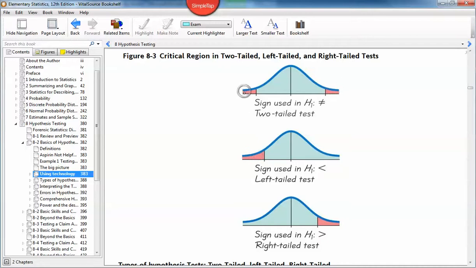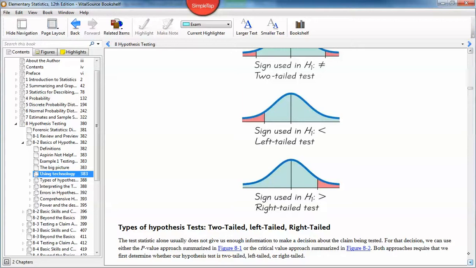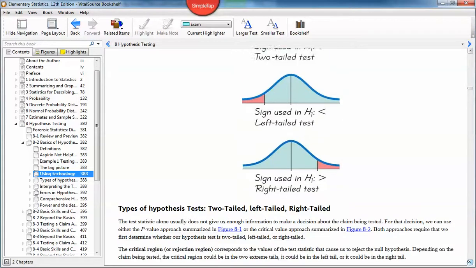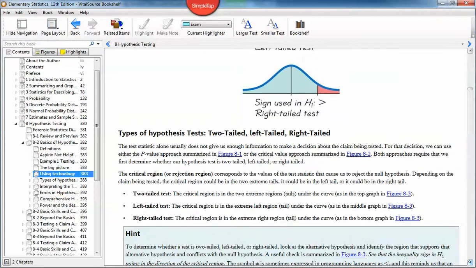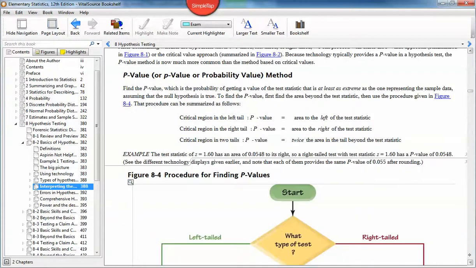This one region is the same as both of these two put together. And if your alternate hypothesis has greater than, it's a right-tailed test. That's very important when figuring out the critical values or calculating the p-value.